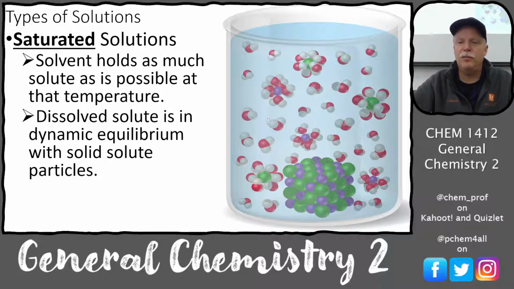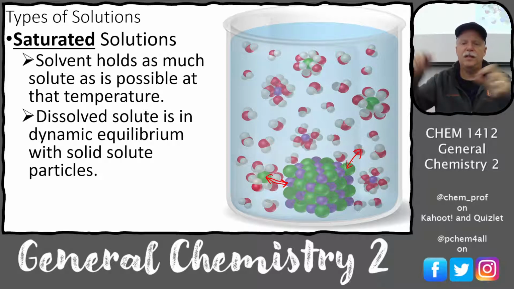It's a dynamic equilibrium. So some of it, like this chloride, may come off, and then this chloride bumps into that crystal and then snaps back on. And so you have these ions coming and going onto the crystals, and some will leave at the same rate, others will deposit. And so that's what you have with a saturated solution.